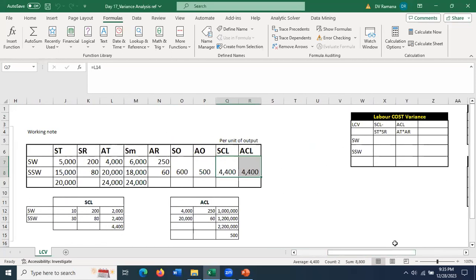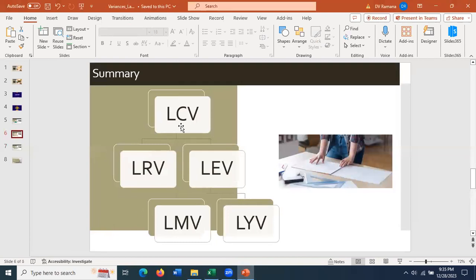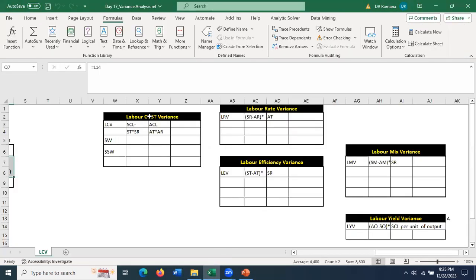All that we are going to do now is to calculate all possible variances using this framework. We need to find labor cost variance, labor rate variance, labor efficiency variance, labor mix variance, and labor yield variance. And while doing that, I'll also explain the formula.